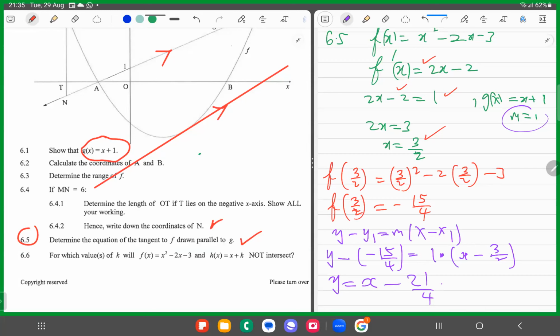All right, so that's 6.5. 6.6. For which values of k will f of x and h not intersect?